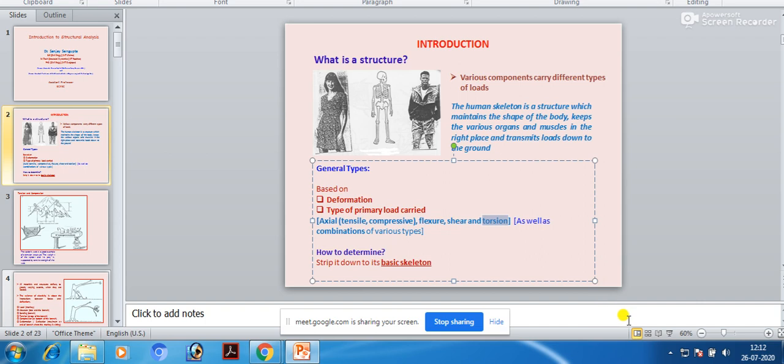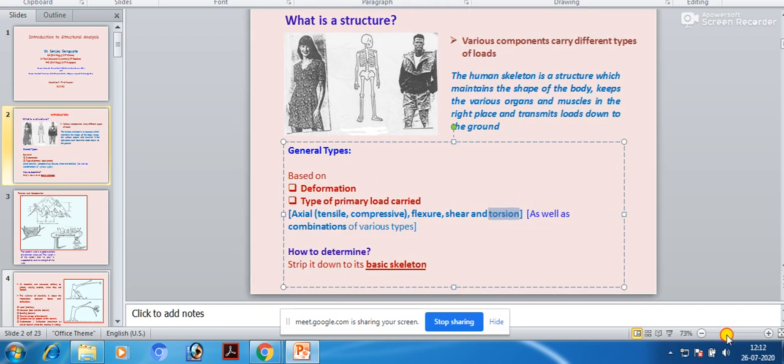So everyone can see the presentation on your screen, or should I enlarge it a little bit? Yes sir. Should I enlarge it, sir? A little bit bigger. If I enlarge it too much, it will go out of the screen, that is the problem. Now is it okay? Yes sir.